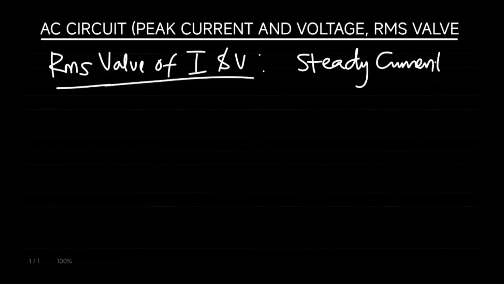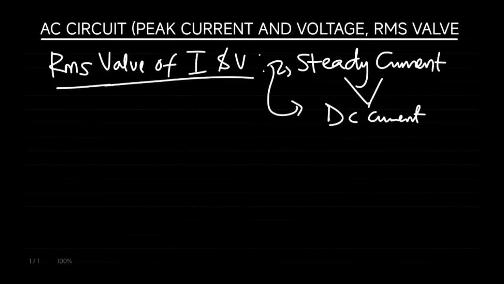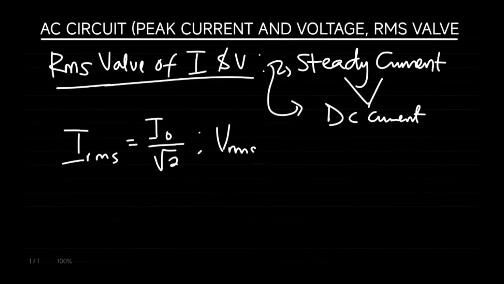So if a current is steady, that means the current is a DC current. So this is the only steady current in alternating circuit. Mathematically, it can be given as I RMS is equal to I naught over square root of 2. For the voltage, V RMS is equal to V naught over square root of 2.